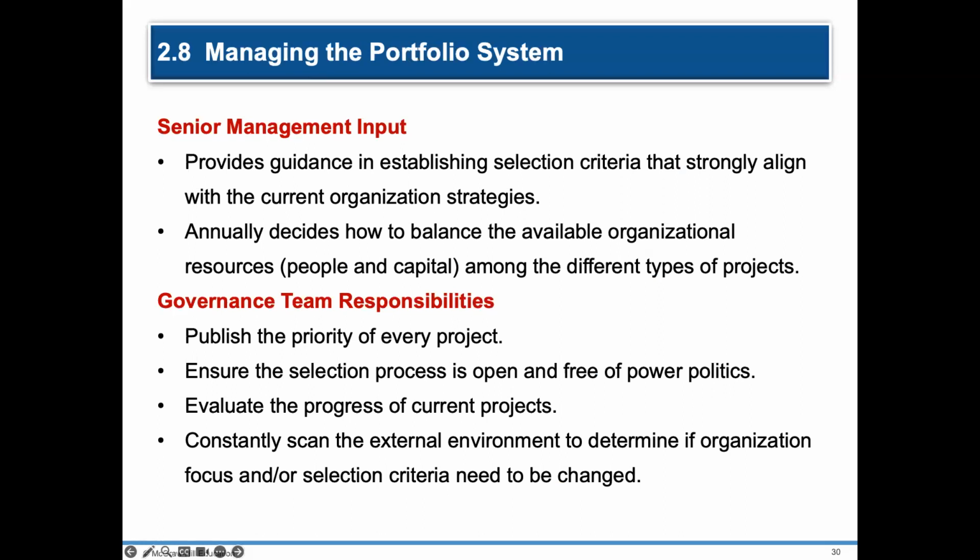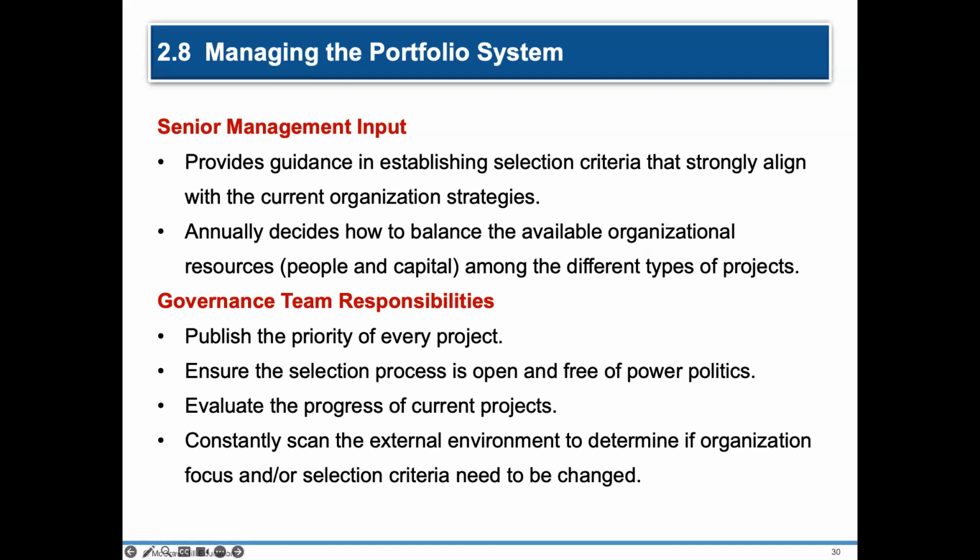So when we manage multiple projects, these multiple projects develop and evolve into a portfolio system. And the portfolio has to have senior management input. So why is that the case? Because first, senior management input provides guidance in establishing selection criteria that strongly align with the current organization strategy.